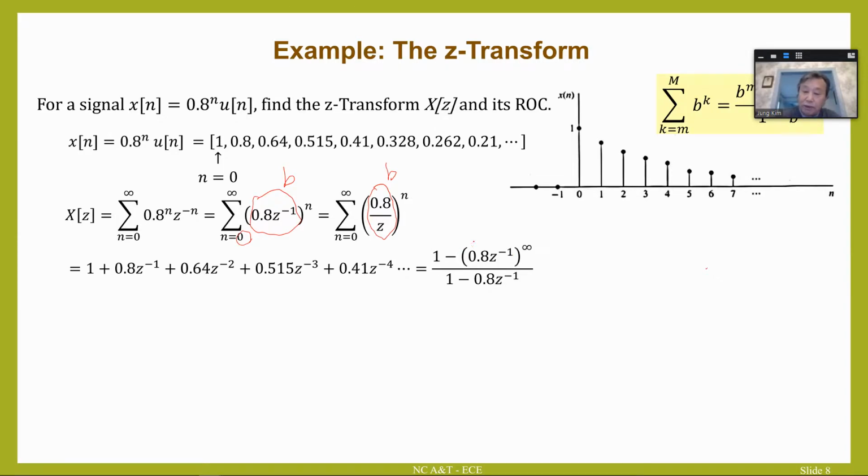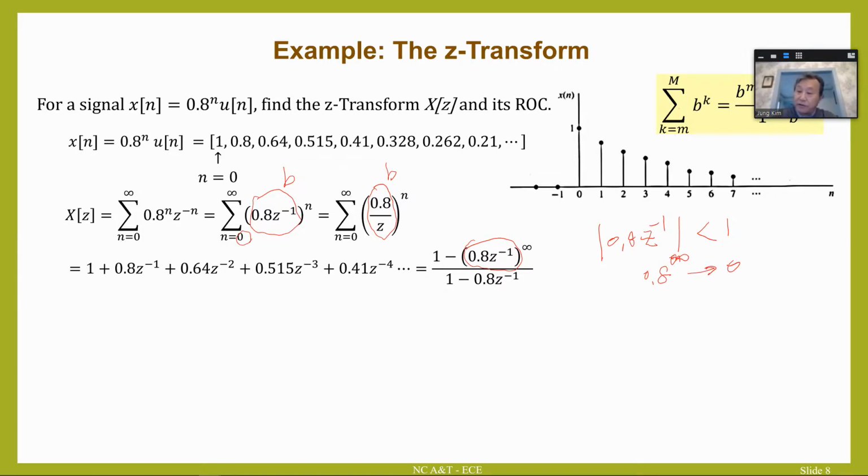This part is important, because it depends on this part: 0.8 z to the minus 1. If the magnitude is less than 1, for example 0.8 to the n, with n going to infinity, this approaches 0.